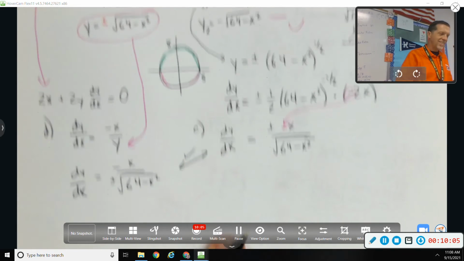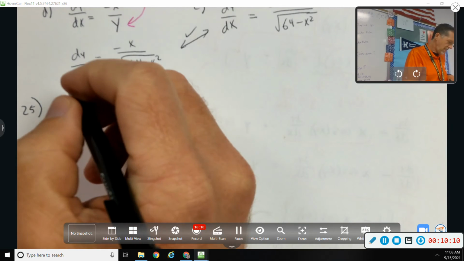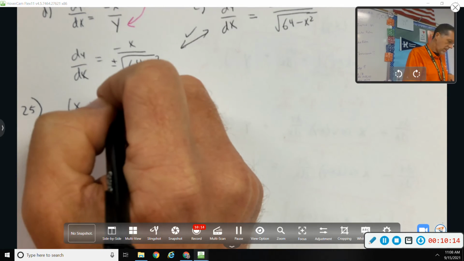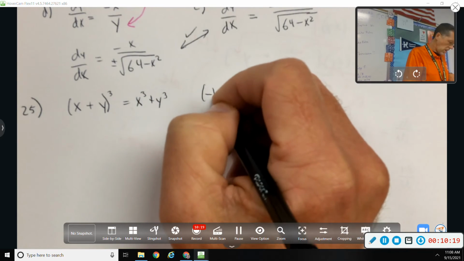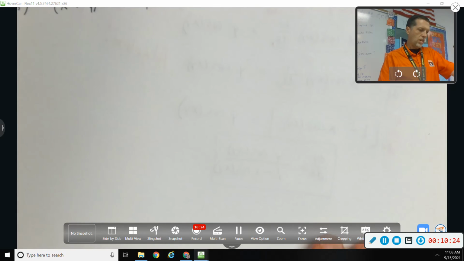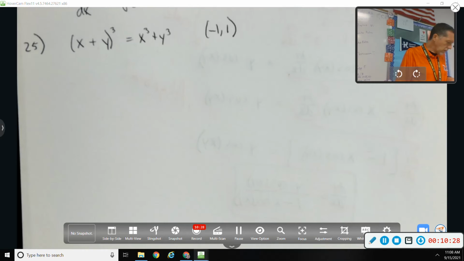25. This one gave me a point, so I should probably read the directions. Find the derivative and evaluate the derivative at the given point. So I need to have two answers on here. I need to be careful, start reading directions carefully.